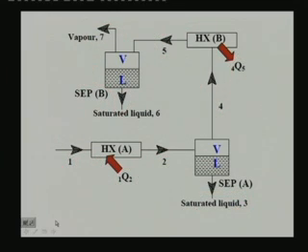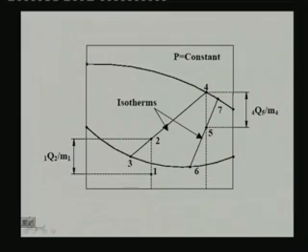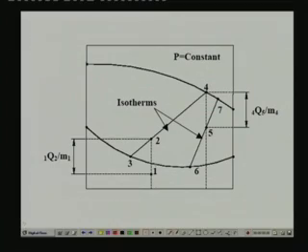Suppose I am plotting this process on an enthalpy composition diagram, how does it look? We have started with subcooled liquid at state 1 and we have heated this in heat exchanger A. Since this is a single stream, you know that the exit condition will lie simply at a vertical distance of 1Q2 by m1 above this point.